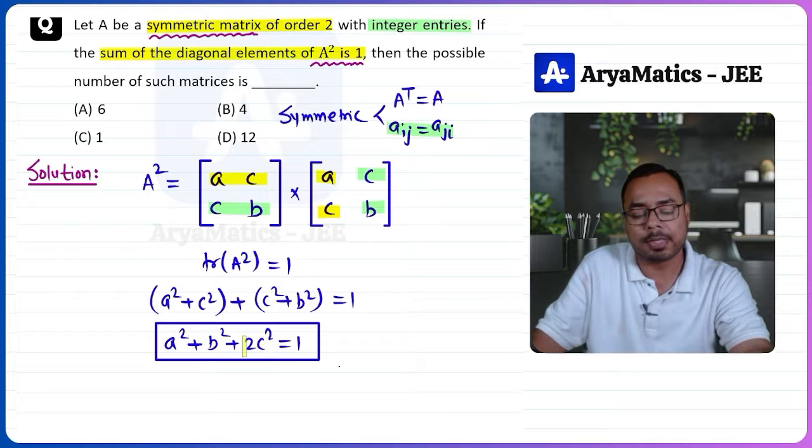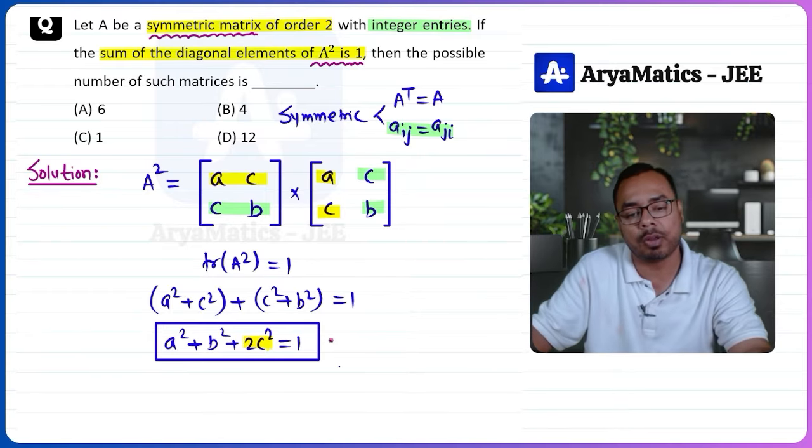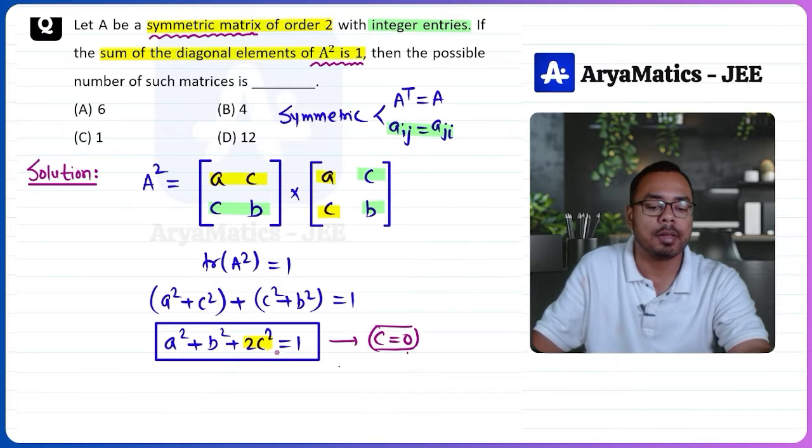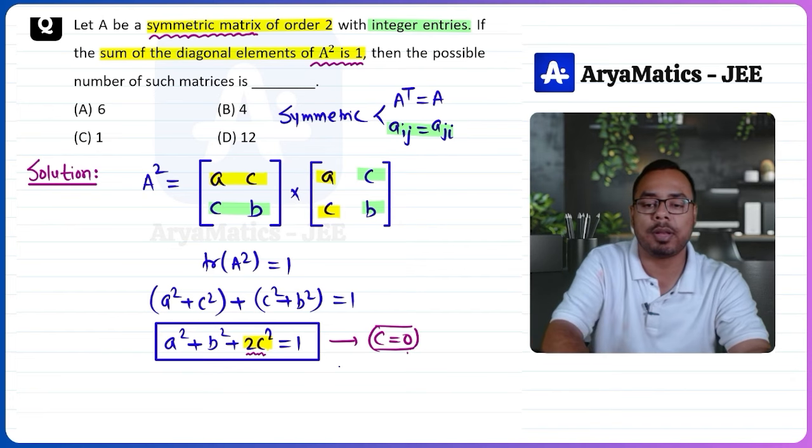As these numbers are integers, for the variable C we have only one option: C must be 0. Because if you take any other value of C, you cannot make this sum 1. If I take C as 1 or minus 1, then this term itself will be 2, and we have other positive terms, whereas the right hand side is 1 only.